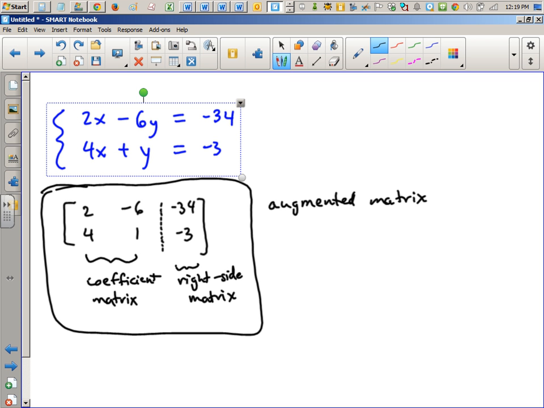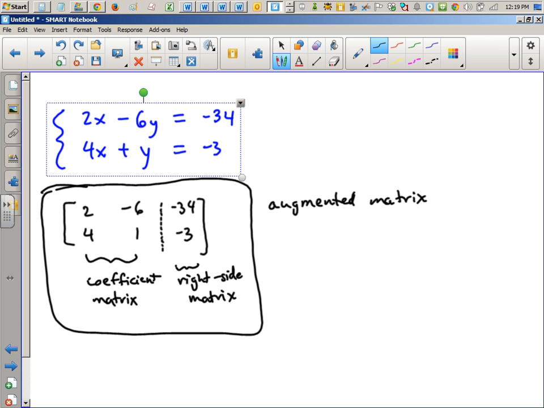So this is still the same exact problem in disguise. It really just means 2x minus 6y equals negative 34. So in a way, this little dashed line is like your equal signs, right? And then the fact that the 2 is in the first space means it's your x's. So we're not writing x anymore.